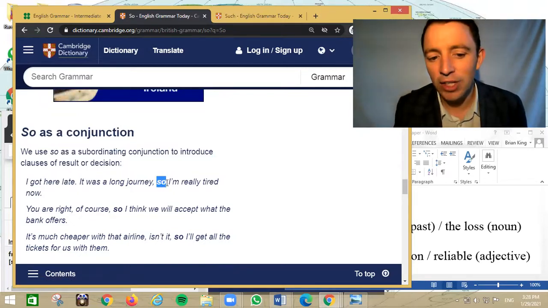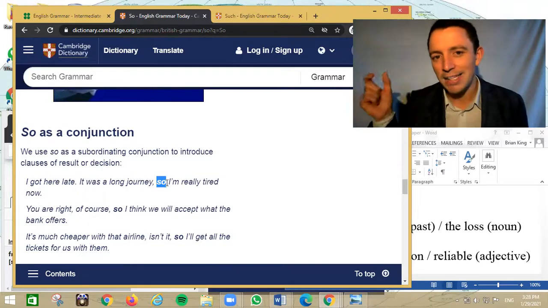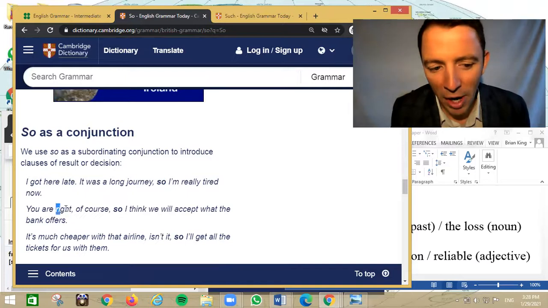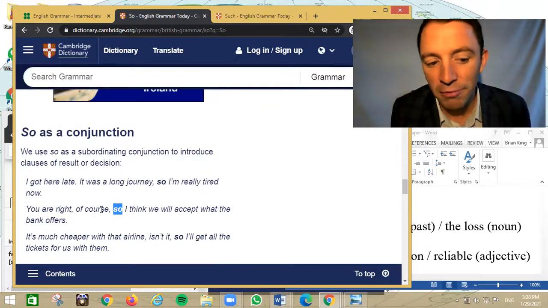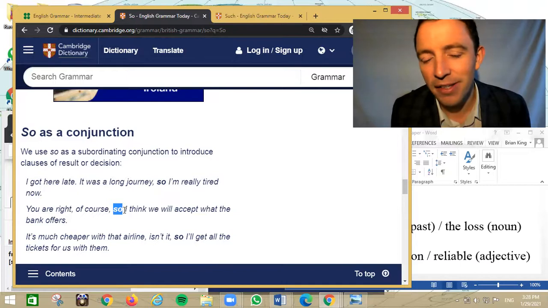Okay, so in this case, "so" is to express the next clause, the result. And the next example, you are right, you are correct, of course. So the consequence of you being right, I think we will accept the bank's offer. So it's a consequence. "So" is a linker to link to the consequence.